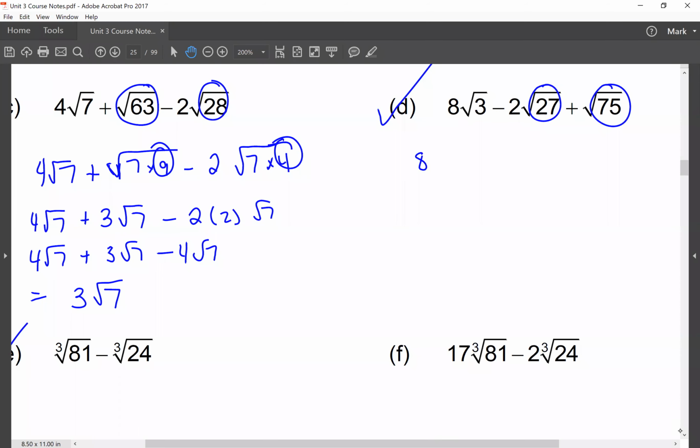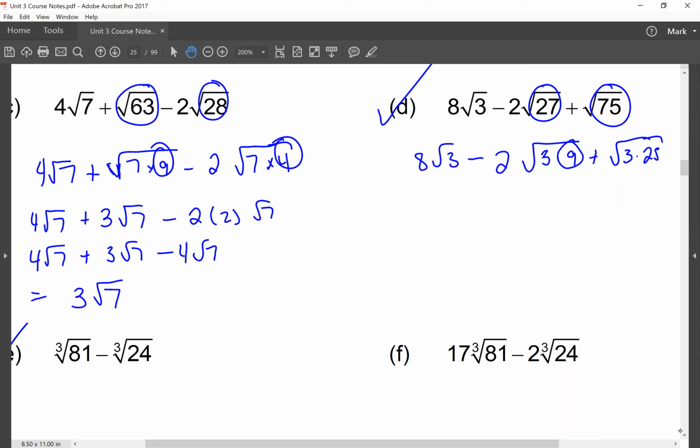So 8 root 3 minus 2. Now, root 27, that's the same as 9 times 3. Or I'll do it like I did the last question, 3 times 9. What about root 75? Well, that would be 3 times 25.